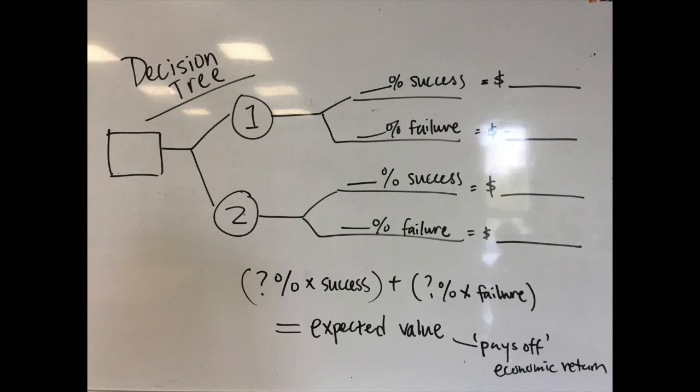Lastly, you calculate it by taking 50% or any percent chance times the success, plus the percentage times the failure. It equals our economic return, which is the payoff.